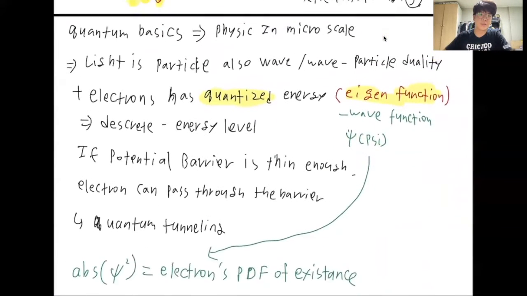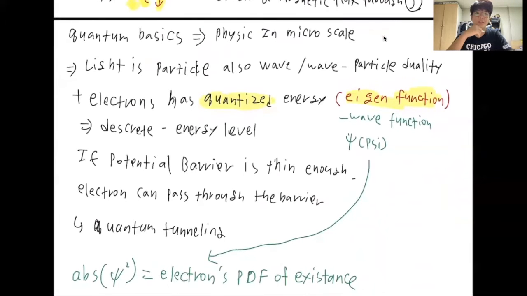And there is another physics at the microscale, which is quantum mechanics. There are two important properties at microscales: wave-particle duality, and electrons being fermions with quantized energy, which means the energies are allowed only at certain discrete levels.